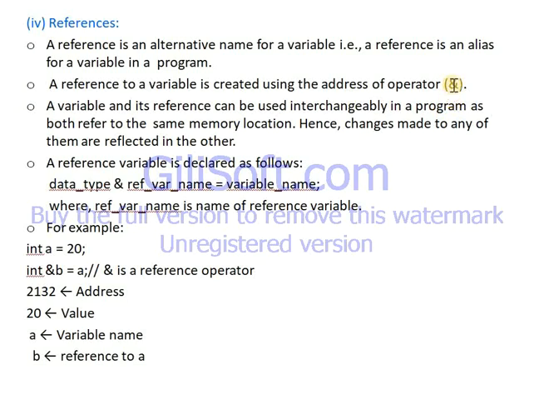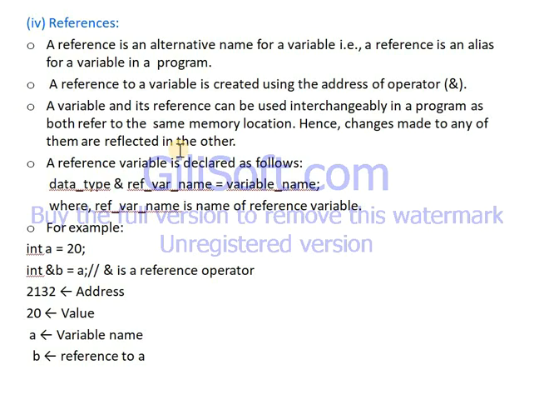When you are using address of operator in a program, then you can create a reference to that particular variable. A variable and its reference can be used interchangeably in a program as both refer to the same memory location. Hence, changes made to any of them are reflected in the other.